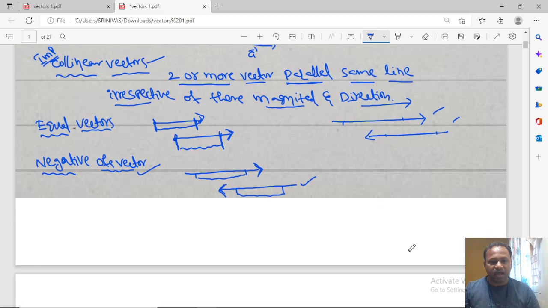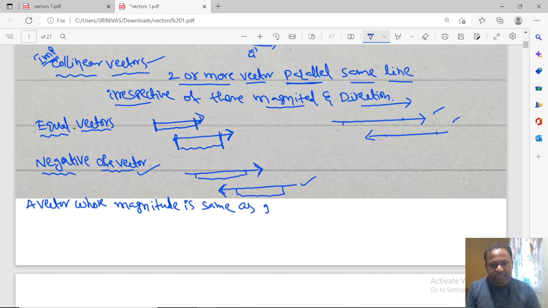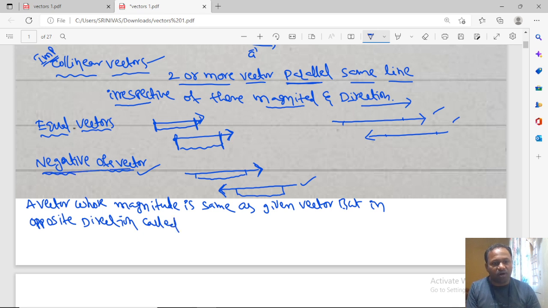I will write the definition for this one. A vector whose magnitude is the same as the given vector but in the opposite direction is called the negative of a vector.